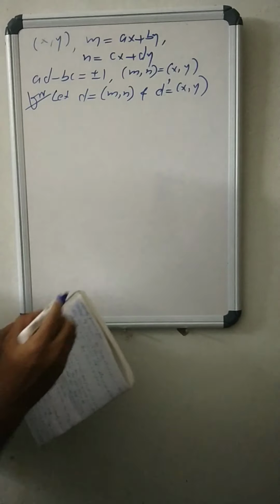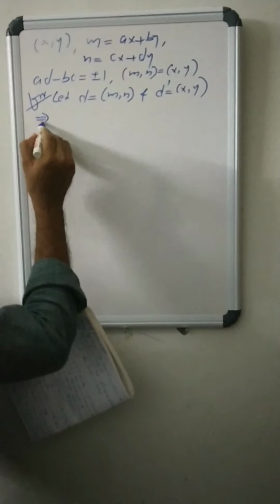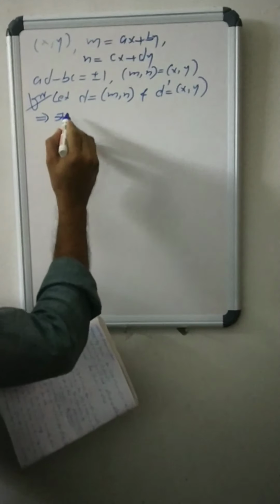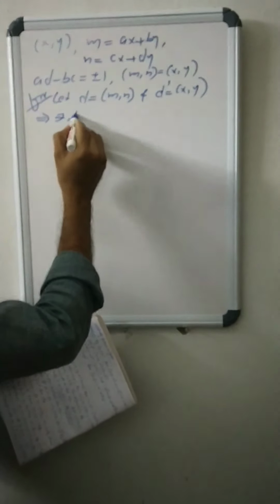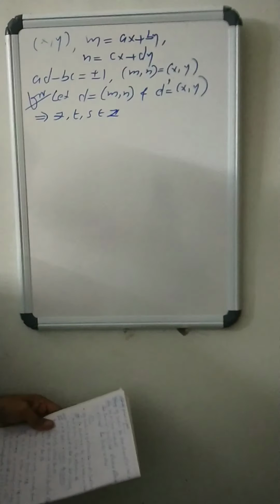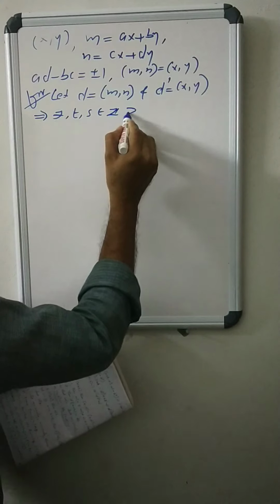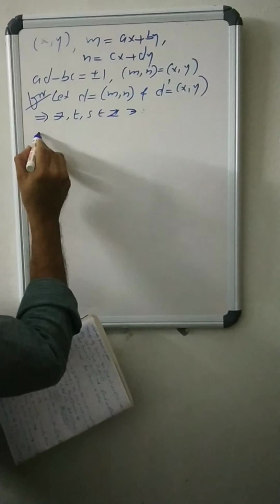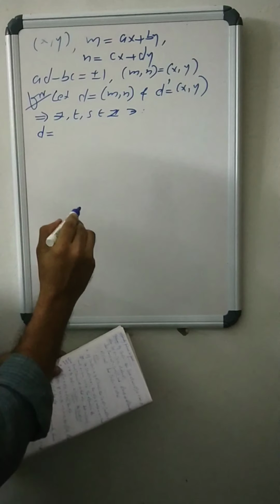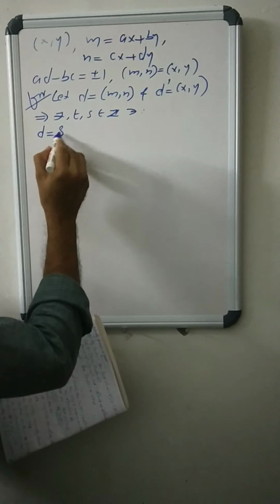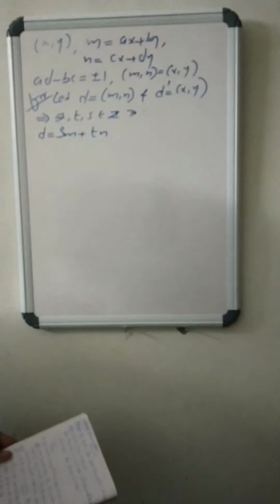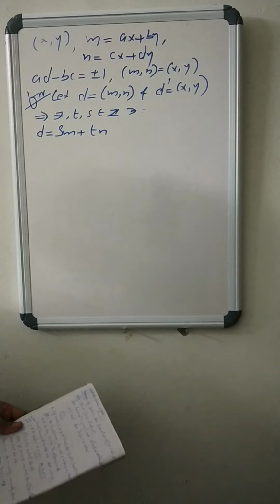So d equals GCD of m, n means there exist some t and s, integers, such that d equals sm plus tn.